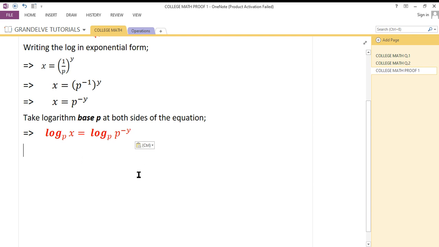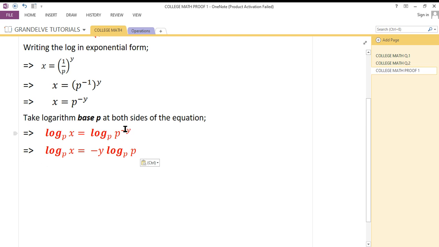Looking at the right hand side, you can see that we have log p exponent negative y base p, which means that we can use our exponential law of logarithm at the right hand side. Using our exponential law of logarithm at the right hand side will mean that the negative y will then come to multiply the log p base p, as shown in our next step here.